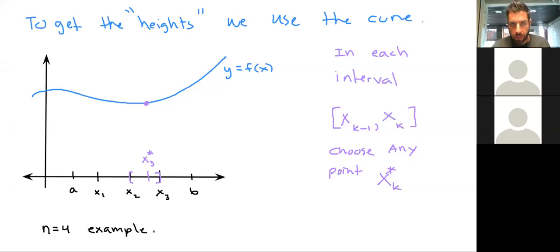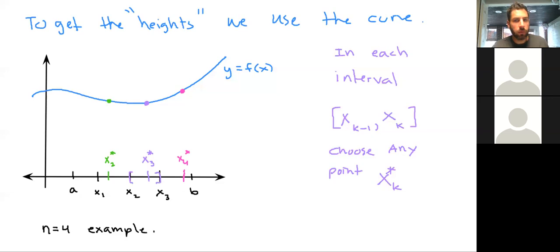So let me choose another color so it's clear. Maybe this will be my x sub 2 star. And then maybe I'll use this color for my x sub 4 star. And then I need one more color for my x sub 1 star.